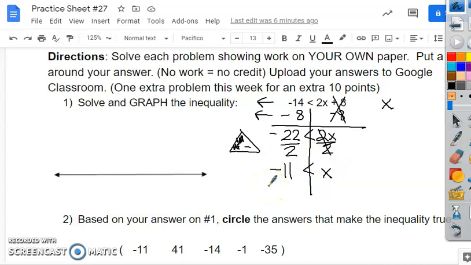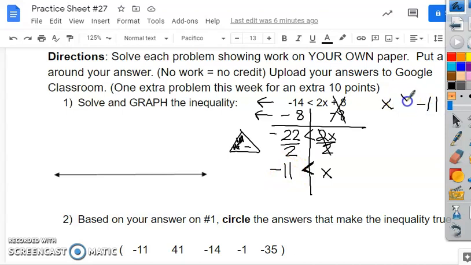I'm going to let you know if your problem is multiple choice, your answer is not going to be left like this, okay? We're going to have the variable on the left, so that means I have to switch this entire thing, okay? So see how this is pointing at the negative 11? That's what I want to make sure happens.